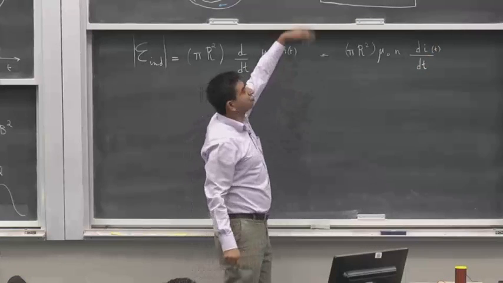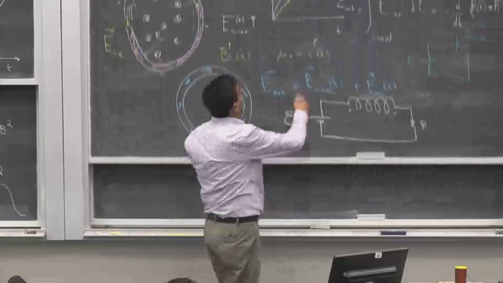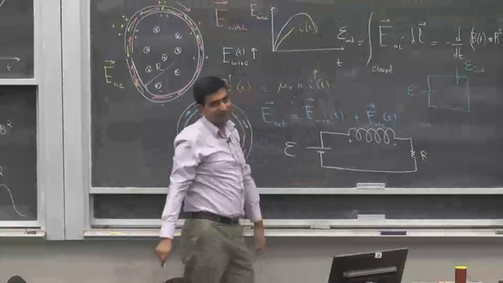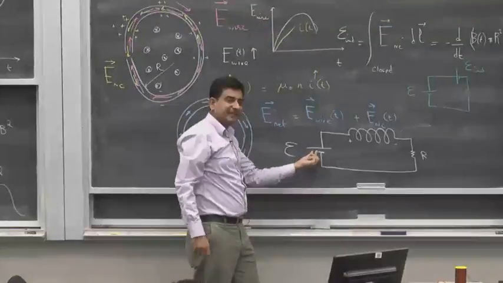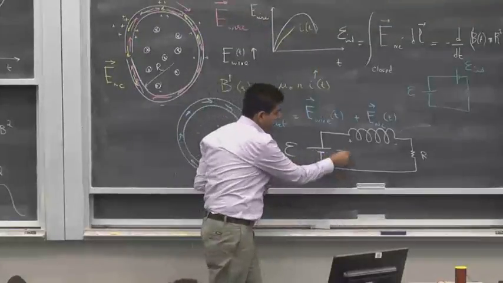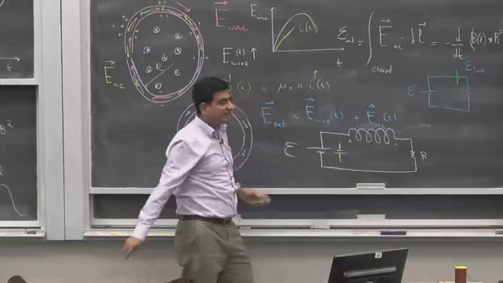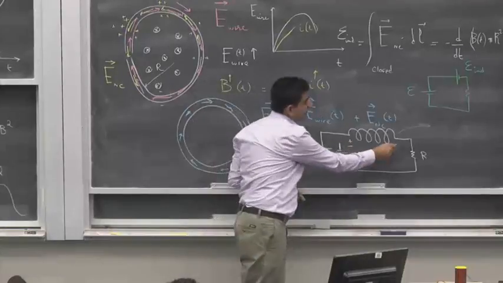If this voltage drops with time, which means that I'm in this regime of the electric field, that is, I have an AC voltage and the voltage drops, then this EMF switches its direction.